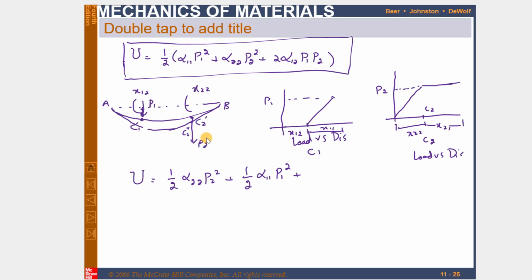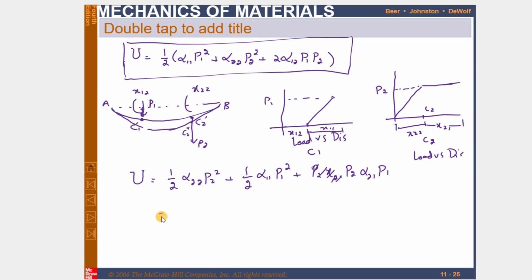That extra work done by P2 will be equal to P2 into x21. If you put the value of x21 in terms of alpha 21, it will be equal to alpha 21 into P1.